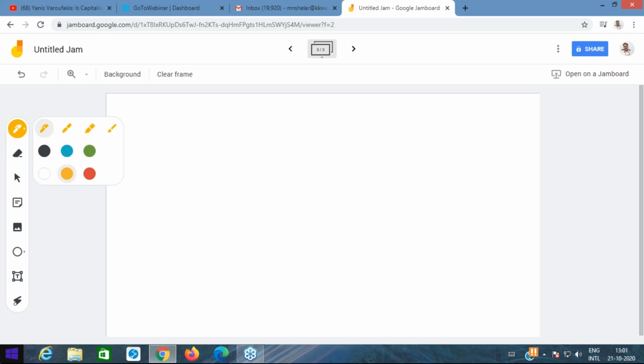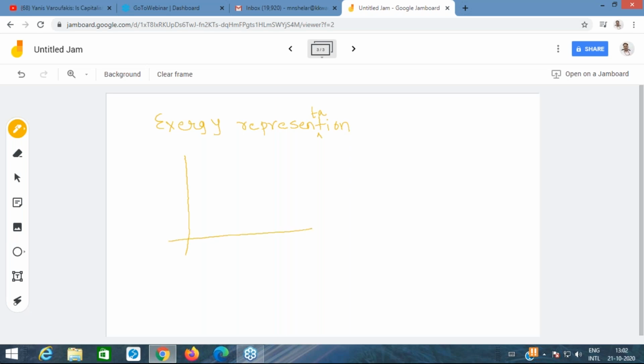In order to represent the exergy, this exergy can be represented on a temperature entropy diagram. First I would represent the heat supply.